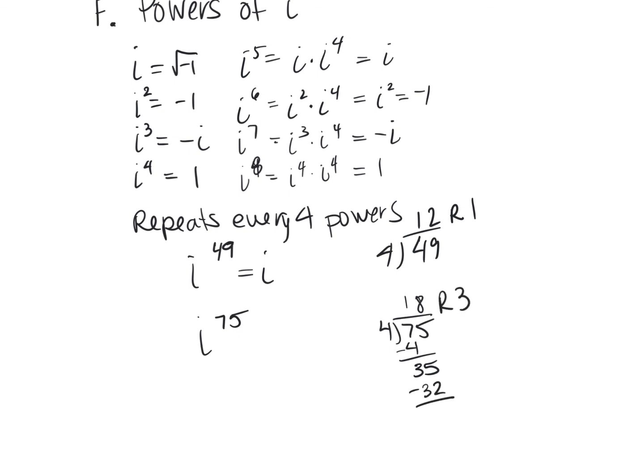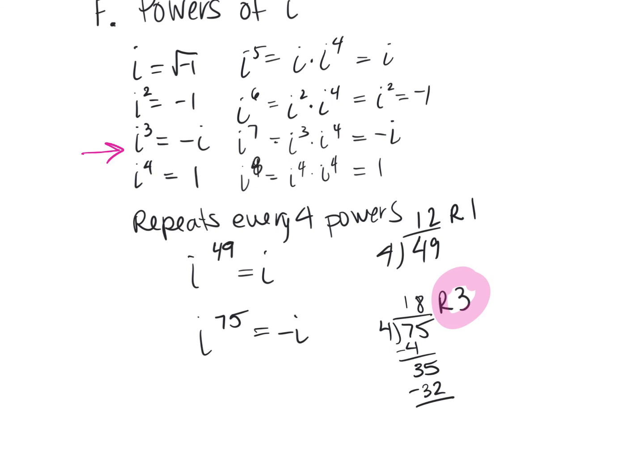The only thing that matters here is my remainder. If my remainder is 3, that means it's equivalent to i cubed, which is equal to negative i.